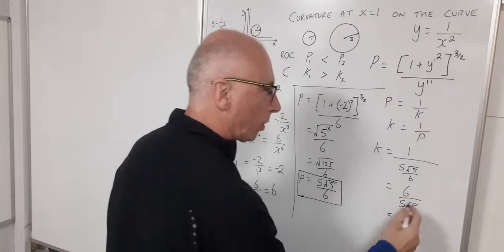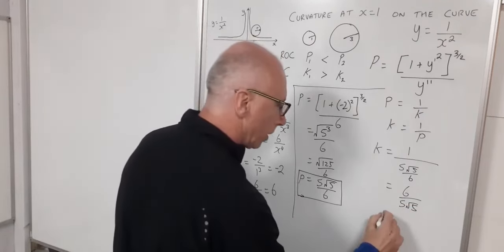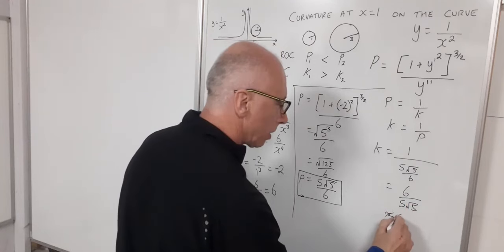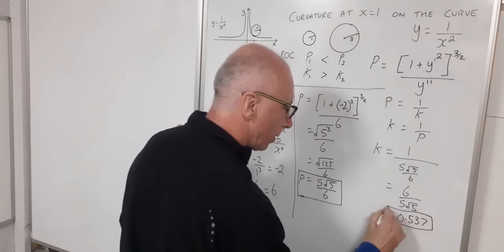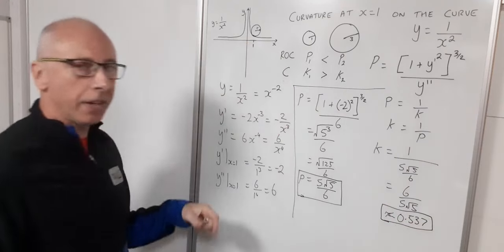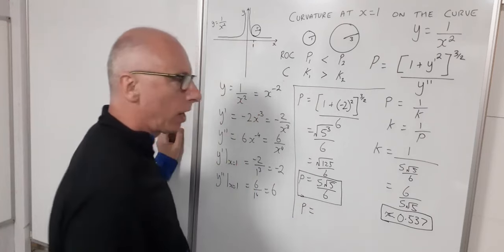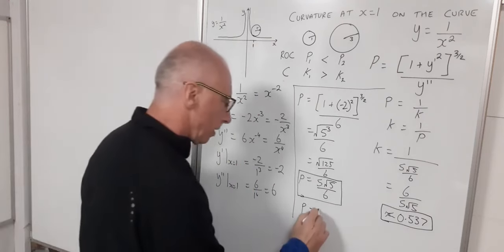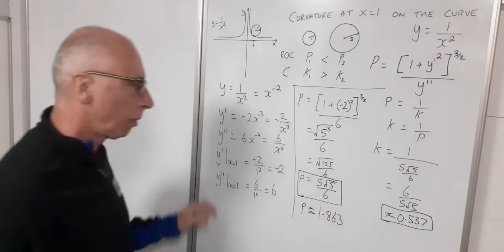Okay, so plug that into a calculator, and we'll get something that's approximately, to 3 decimal places, 0.537. So that's our curvature, and our radius of curvature, if I just put that in there as well while we are here, that's going to give me 1.863, approximately, to 3 decimal places.